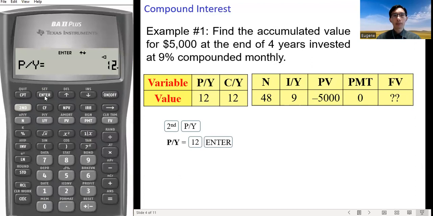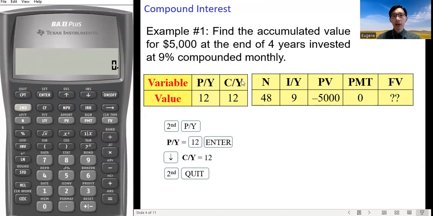For PY, press the down arrow key to confirm that CY is set equals 12. And then we can quit the frequency worksheet by pressing second and then quit. Quit is the second function over the CPT button.